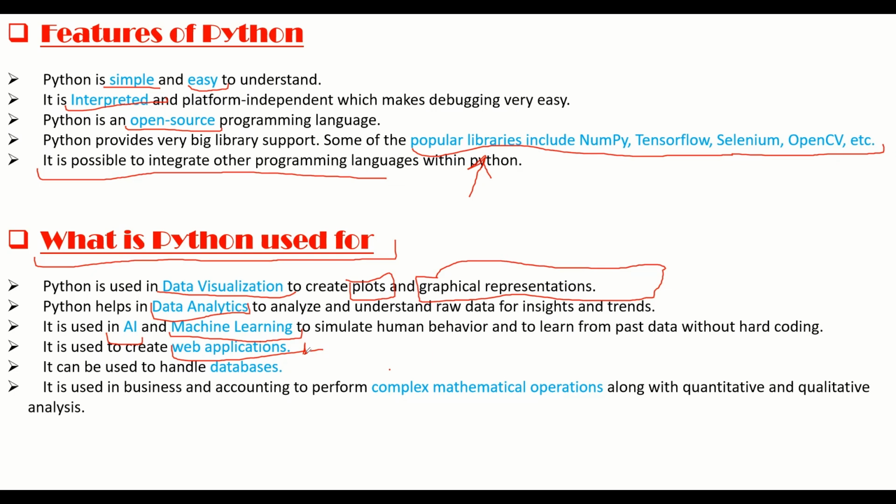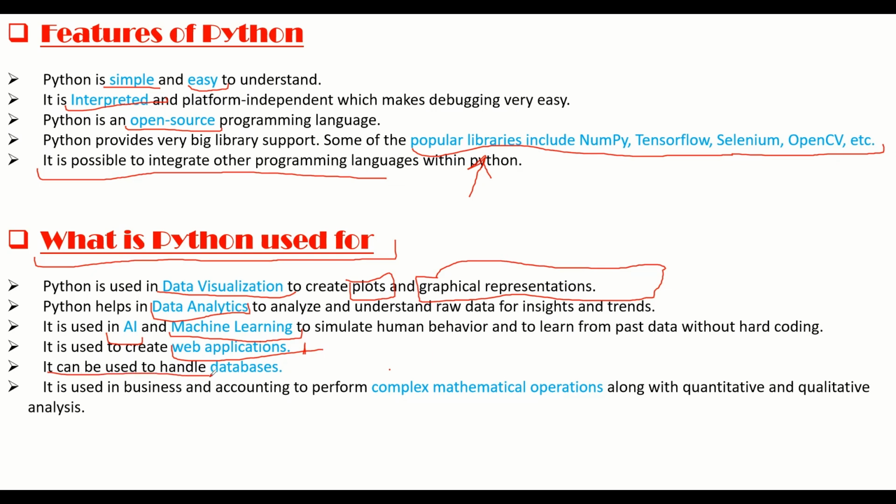These frameworks provide features such as routing, templating, authentication, and database integration, allowing developers to focus on building application logic rather than dealing with low-level details. Python's versatility makes it suitable for a wide range of web applications, from simple websites to complex web services and APIs. So Python is used to create web applications.